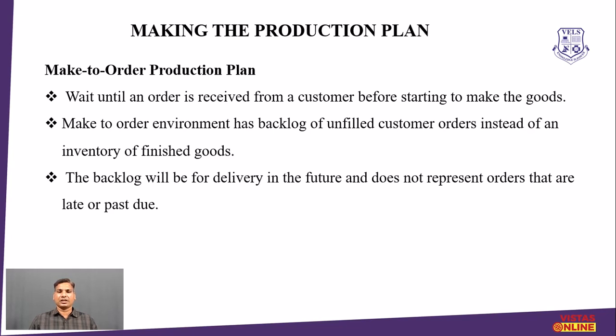First they pay 40%, then 20%, then 50%. Ultimately they hand over the house or flat to the concerned customer after a year. In the same way here also, once we get an order from the customer, we go for manufacturing it. So this is also one kind of strategy that can be followed by companies.